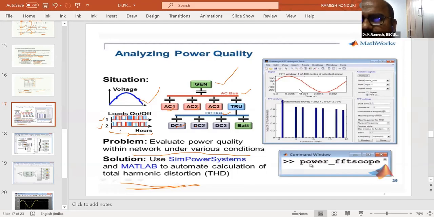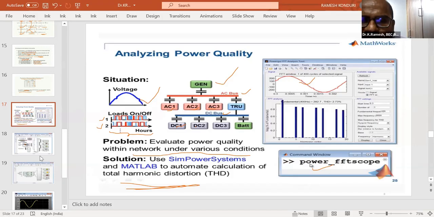This is the distorted wave, and by using FFT analysis, I can obtain the THD. Then interactively, I may use the powerFFT scope command here.